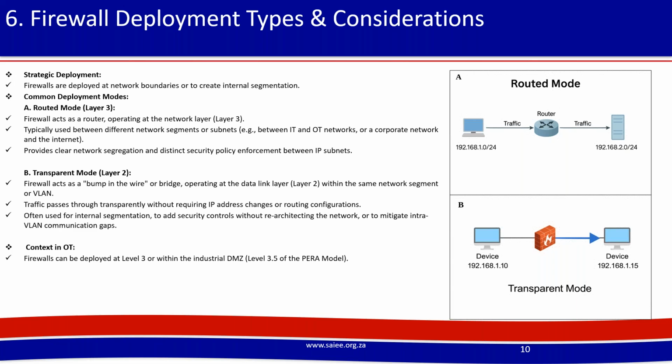I didn't mention much about the Purdue model, but the higher you go on the Purdue model, the more stringent you can become in applying this, especially at level 3.5. There's not much of a real-time issue. You don't control the plant from the IT side.